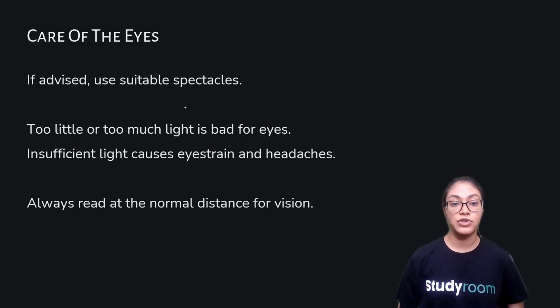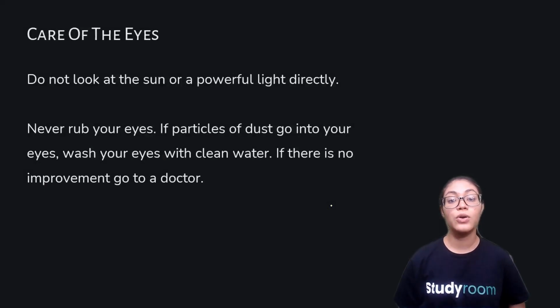Now, there are various measures that can be taken for the care of eyes. If advised, we should always use suitable spectacles. Too little or too much light is bad for eyes. Insufficient light causes eye strain and headaches. That's why use of mobiles, and excess use of laptops and PCs should be reduced. Always read at the normal distance of vision. Do not look at the sun or a powerful light directly.